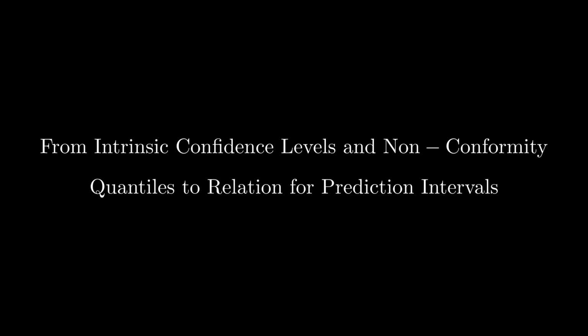Now that we have understood what intrinsic confidence levels and non-conformity quantiles are, and the relation between them, we are finally ready to derive the easy-to-implement relation for prediction intervals promised at the beginning of the episode.